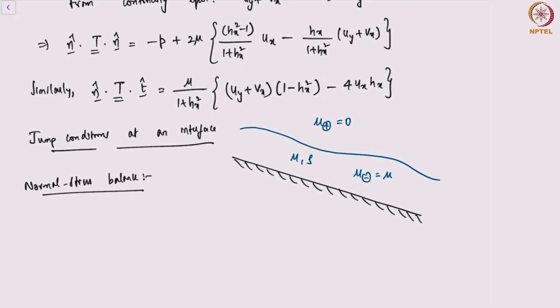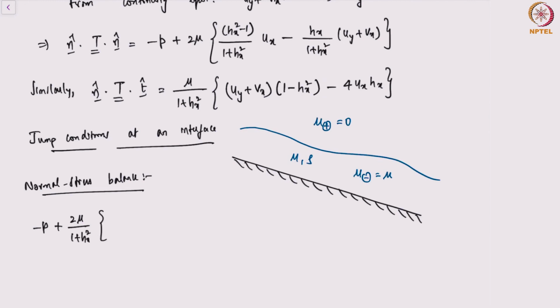So we start by writing down the normal stress balance as n dot T minus, that's the first term. So I have minus p plus 2 mu by 1 plus hx square, hx square minus 1 into ux minus hx into uy plus vx.